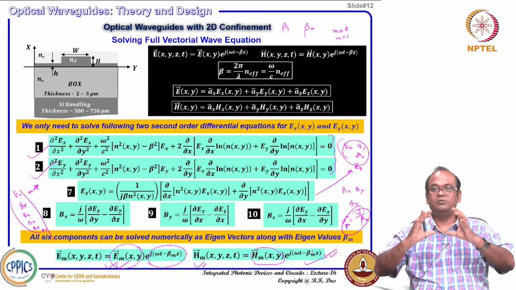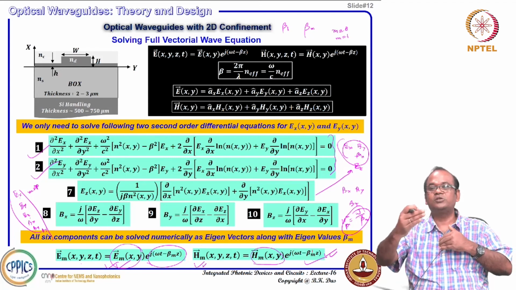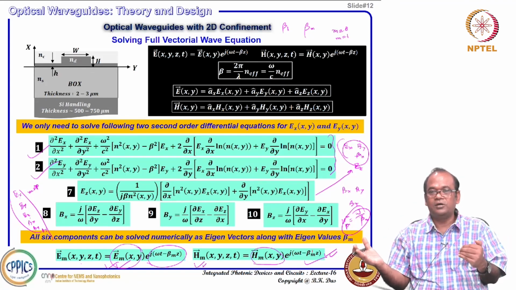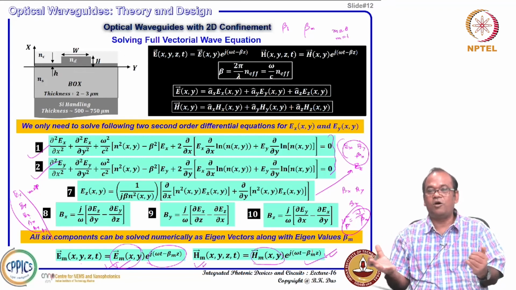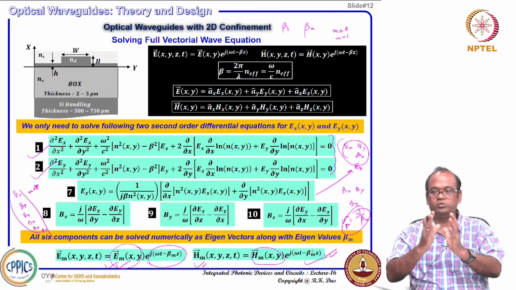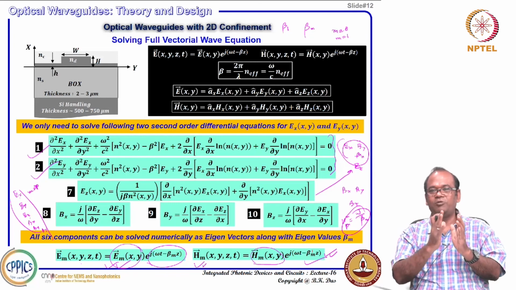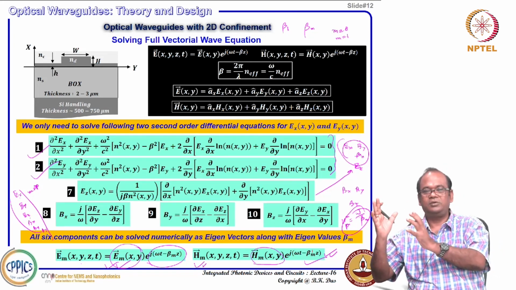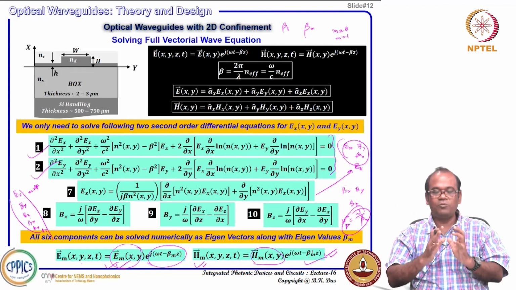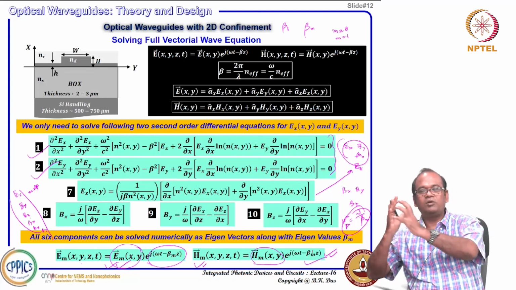If there are three or four guided modes you are exciting, we would like to know how they propagate. We will show that while propagating inside the waveguide, if multiple modes are there, they do not talk to each other, they do not share energy, they do not interact at all, they are not coupled. They can propagate independently as eigenmodes. Suppose you have 5 modes, each carrying, for example, 1 watt of power. You launch at the input side 1 watt for mode 1, another 1 watt for mode 2, another 1 watt for mode 3.